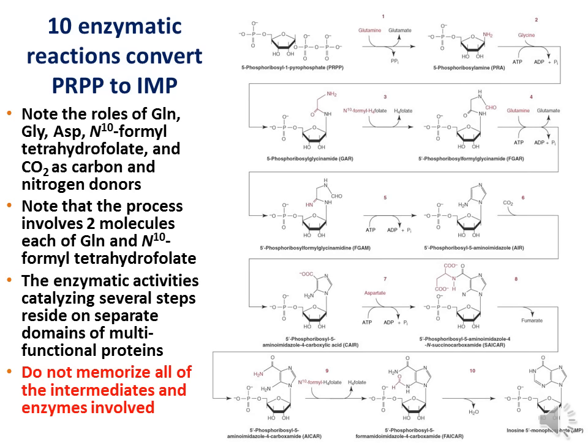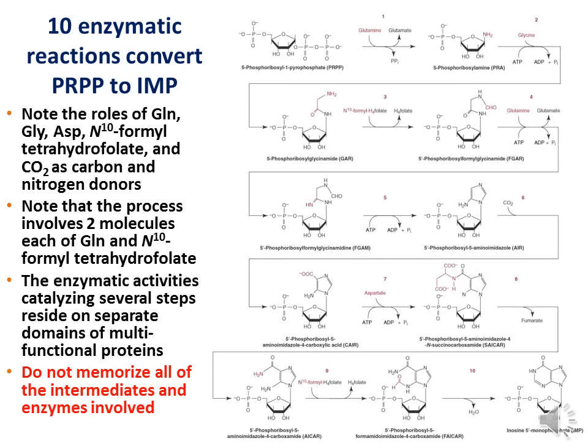This slide depicts the 10 enzymatic reactions that convert PRPP to IMP. Please note the roles of glutamine, glycine, aspartate, N10-formyl tetrahydrofolate, and carbon dioxide as carbon and nitrogen donors. Also note that the process involves 2 molecules each of glutamine and N10-formyl tetrahydrofolate.